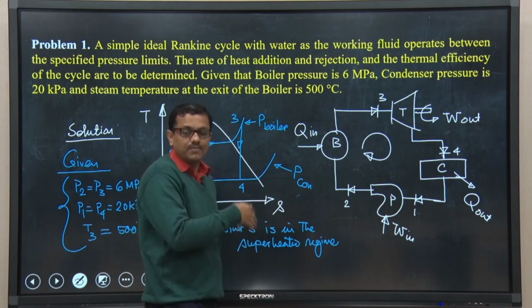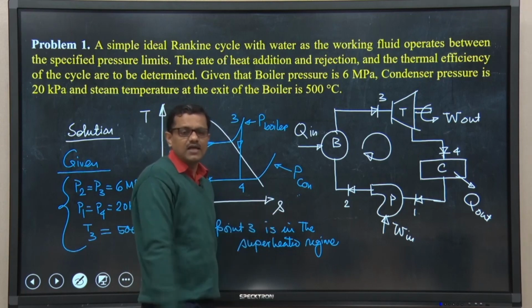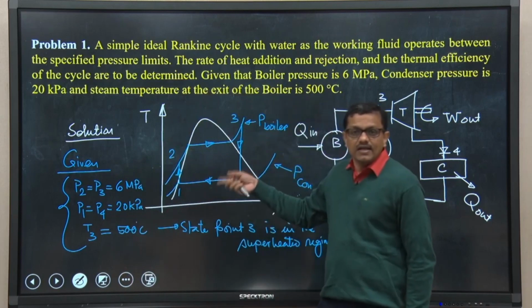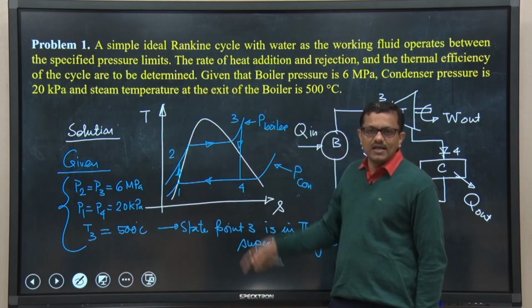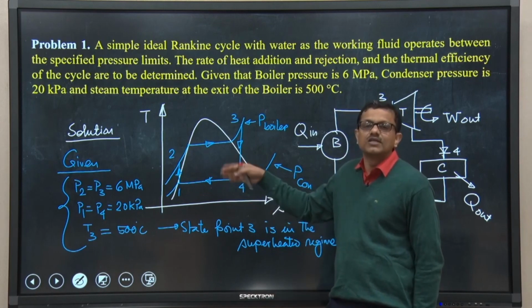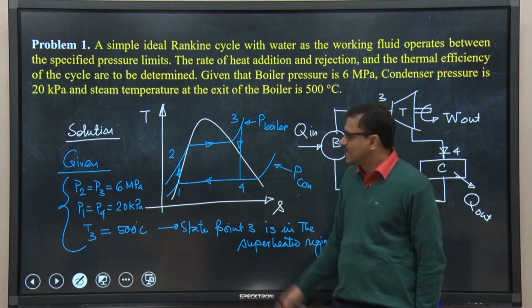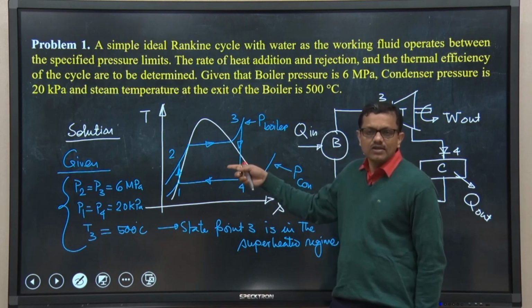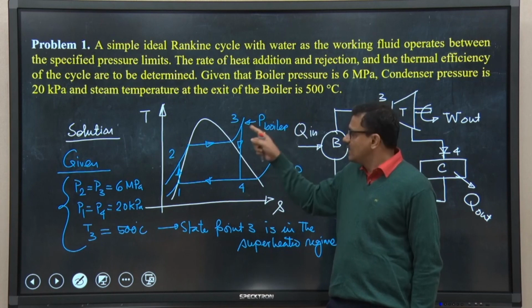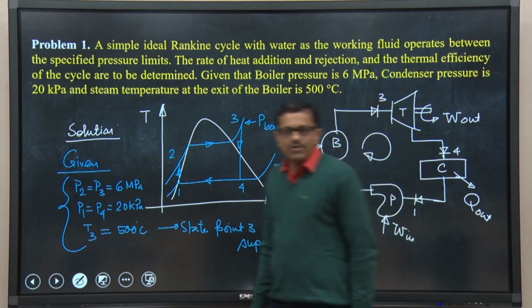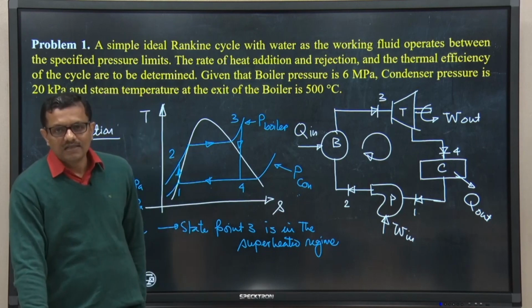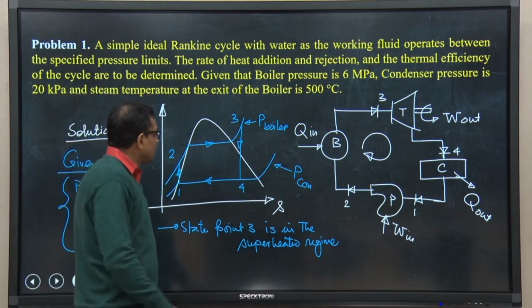Had it been an ideal gas, we could have applied the ideal gas equation, but since it is a working substance we need to consult the steam table. By looking at the superheated water table, we can calculate other properties like enthalpy, entropy, internal energy, etc.